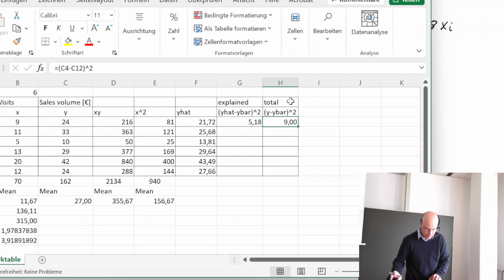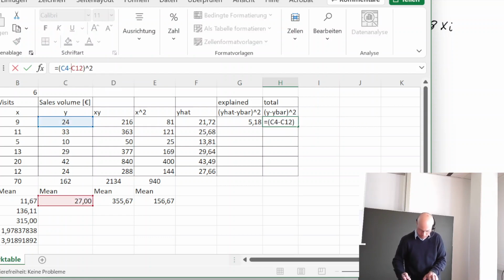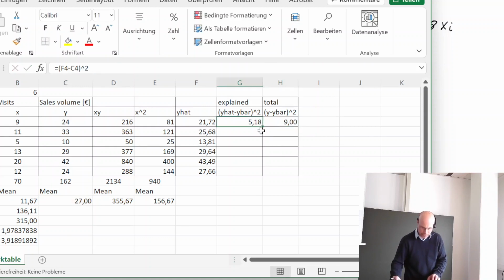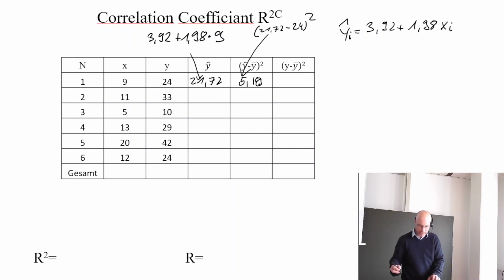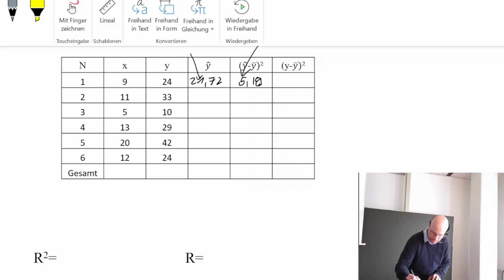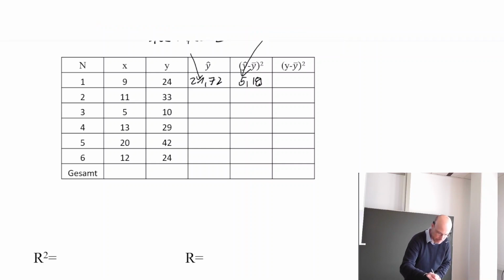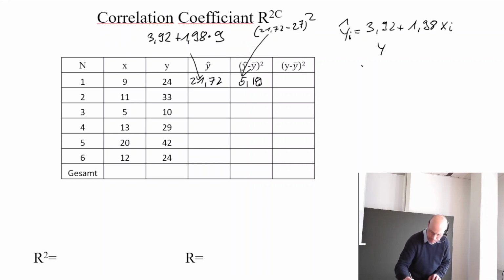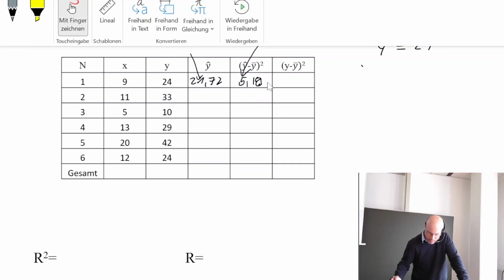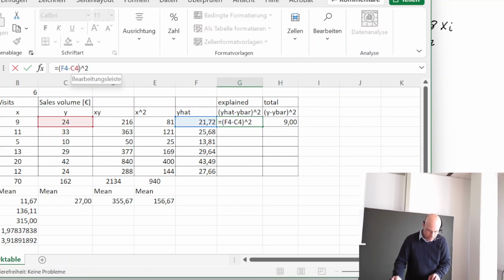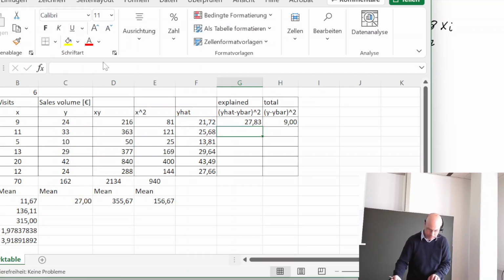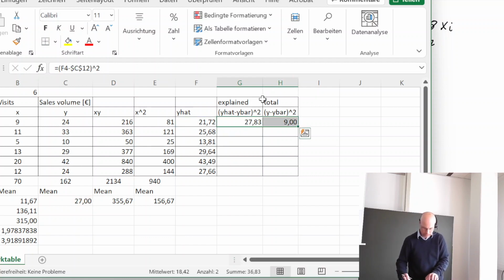Here, this is y hat minus y bar, so we need our 27, because y bar is 27, and then this is not 5.19, but we have 27.83, and all this we also take down here.